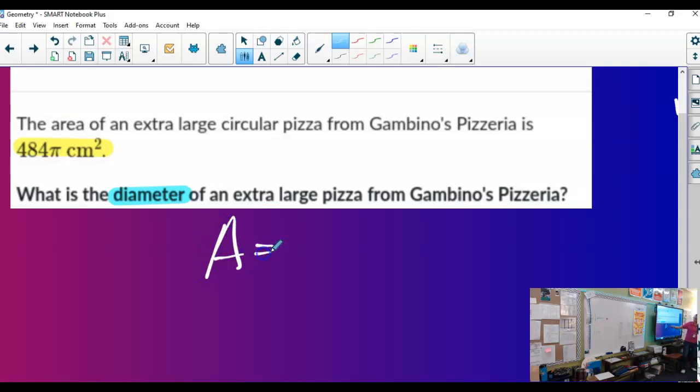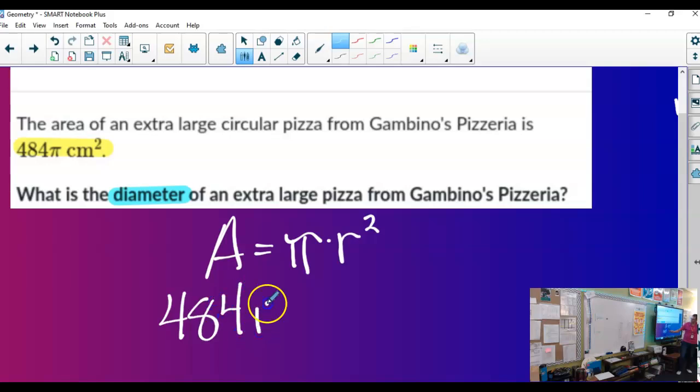So we would start on paper with a pencil, writing down the formula. Then we fill in what we know. Okay, 484 pi is our area. Radius squared times pi is also our area. That's how an equation works, right? They're equal to each other. They're the same thing.